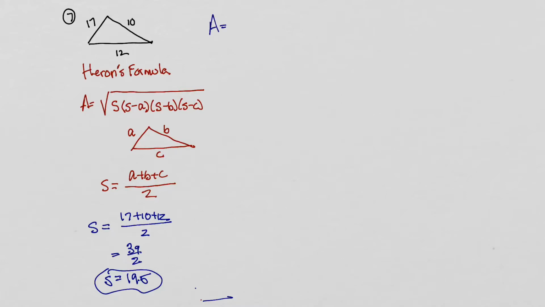So the area is going to be the square root of s, 19.5, times s minus a, 19.5 minus 17, and then s minus b, that's 19.5 minus the 10, times s minus c, the 19.5 minus the 12, close that off, take the square root of that whole thing.